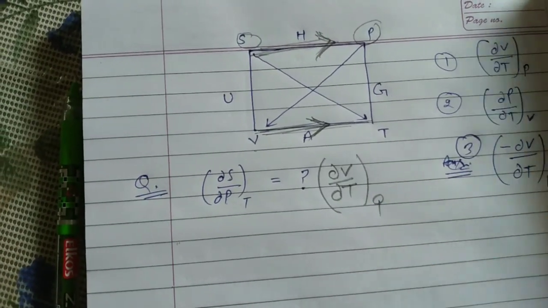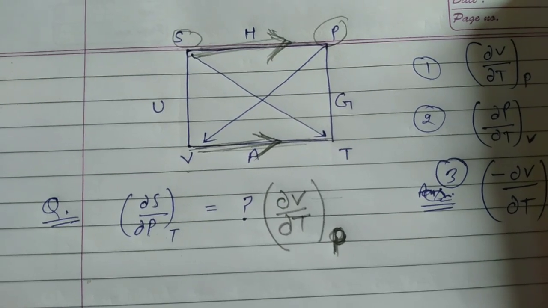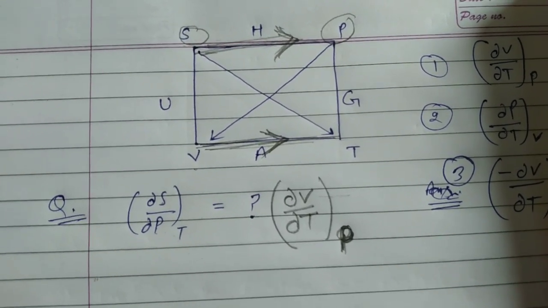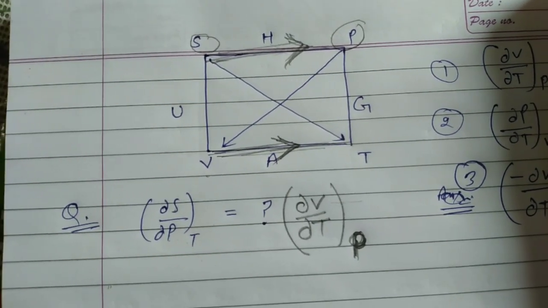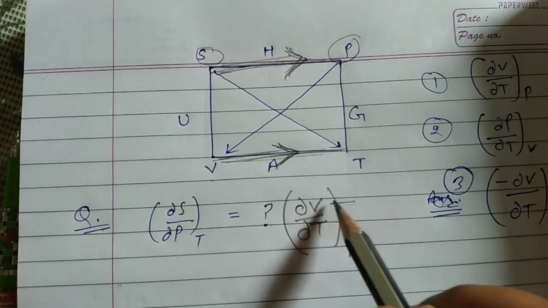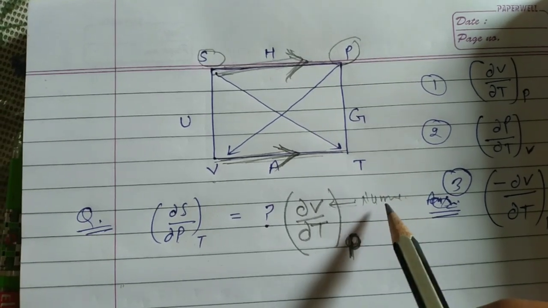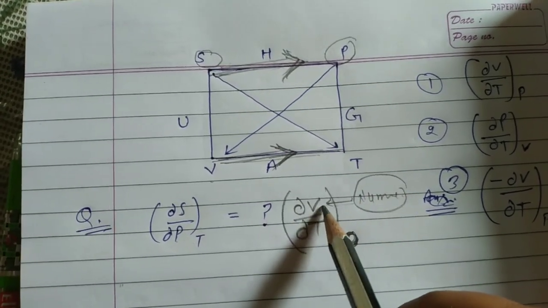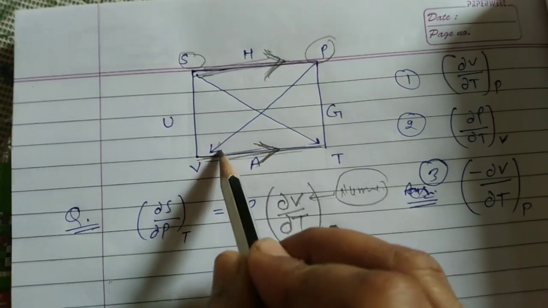We have to give the sign also, whether positive or negative, and the sign is always decided by the numerator. Here volume is the numerator, and whenever there is an arrow on the numerator, we give a negative sign. Here we can see that an arrow is coming towards the volume.